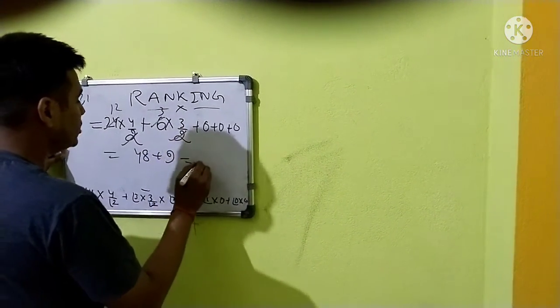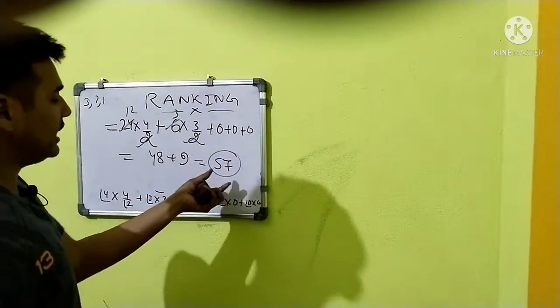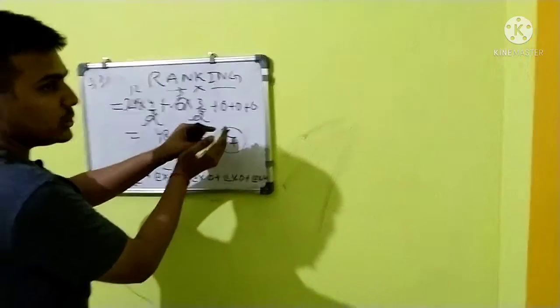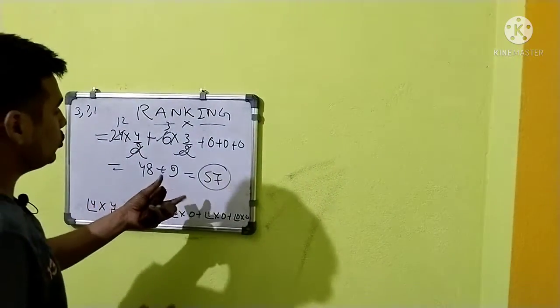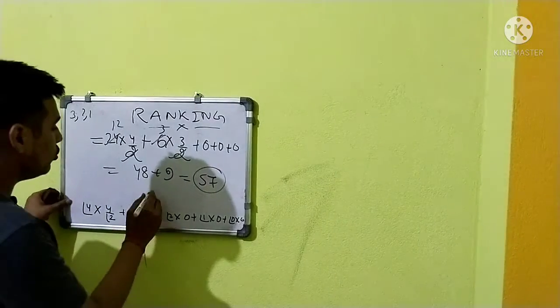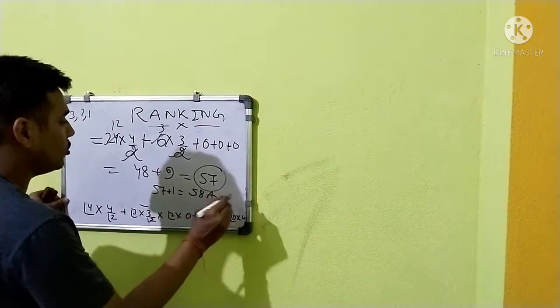The 48 plus 9 is equal to 57. The 57 which we get as the result is the rank which precedes the word ALLM. But we have to calculate the ranking of ALLM, so we will have to add 1. 58 is the rank of ALLM.